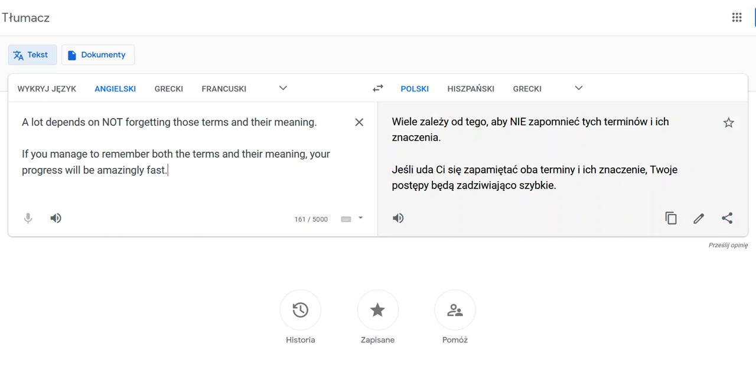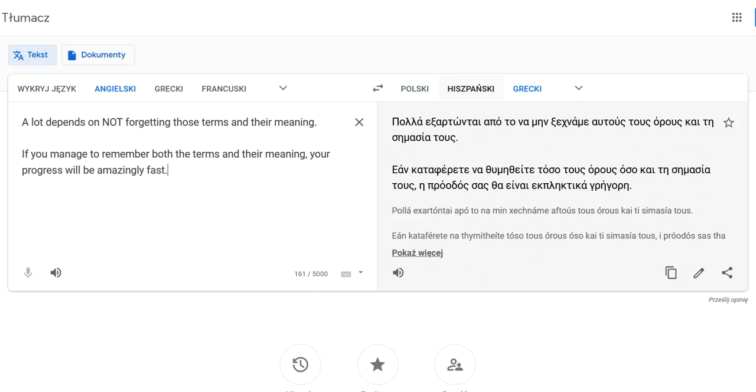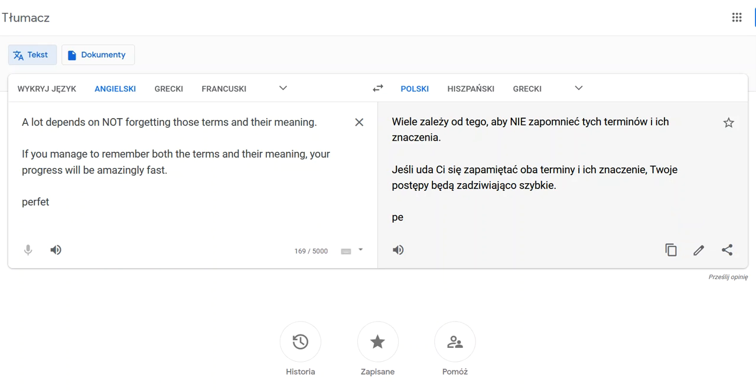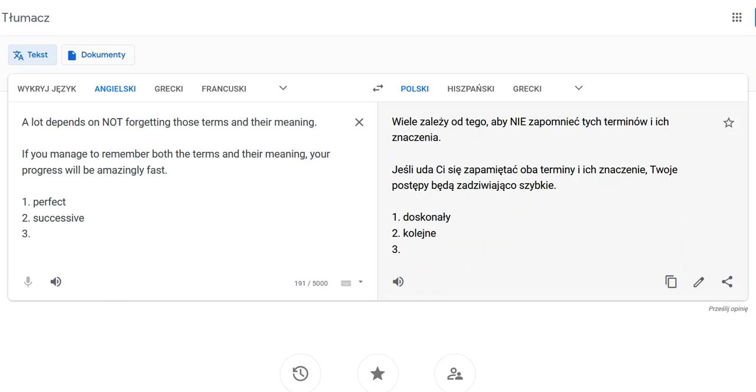Okay, so what have we learned today? We have learned perfect, and then successive, or occurrence, and then in progress or unfolding.